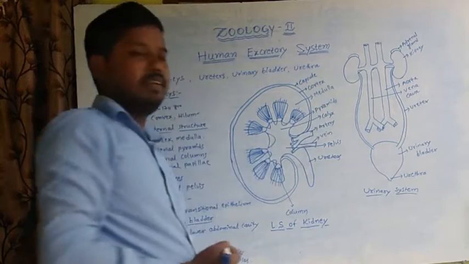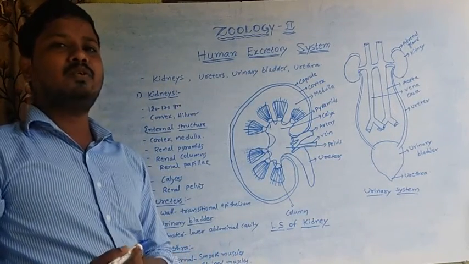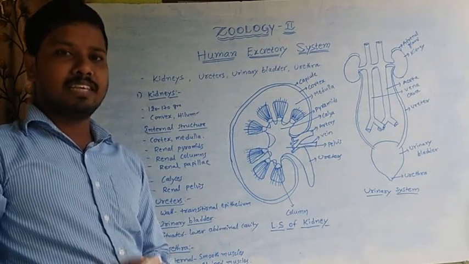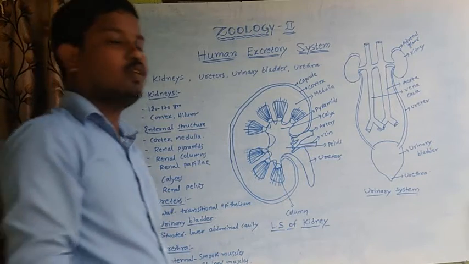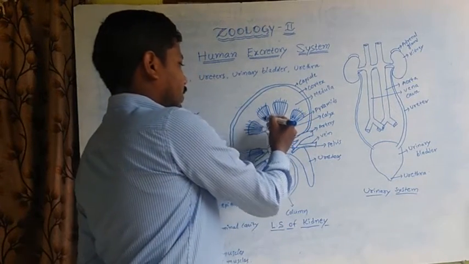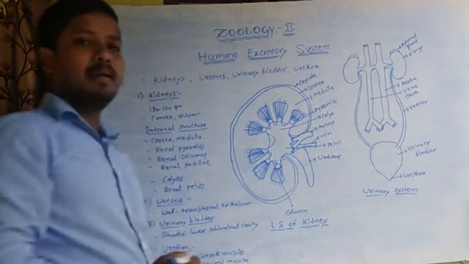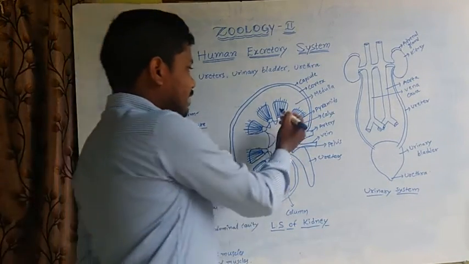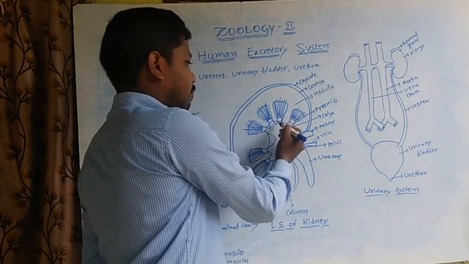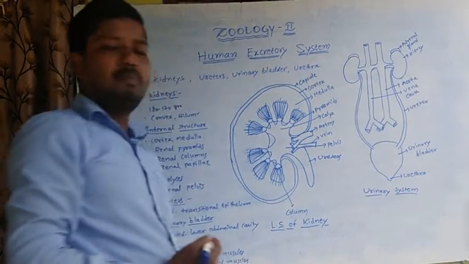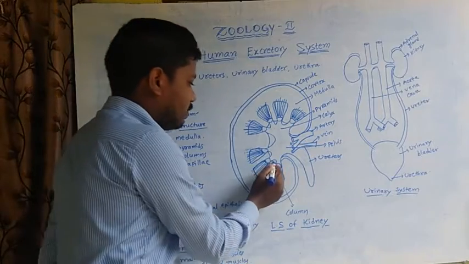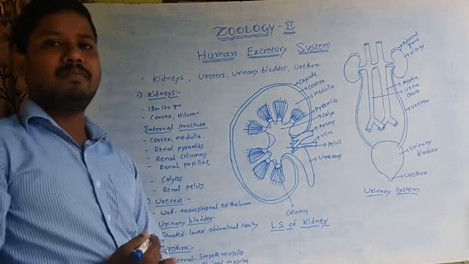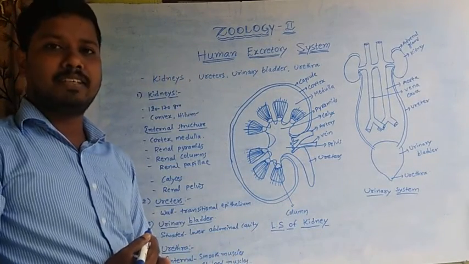The medulla is divided into multiple cone-shaped structures called renal pyramids or medullary pyramids. These renal pyramids are separated by projections called renal columns or columns of Bertin.